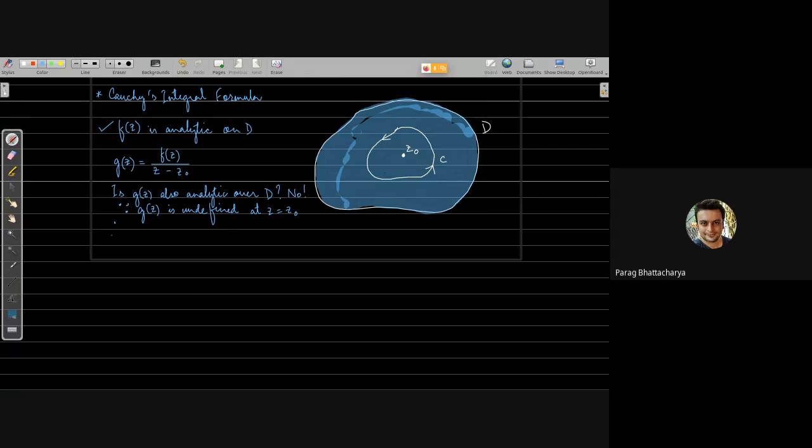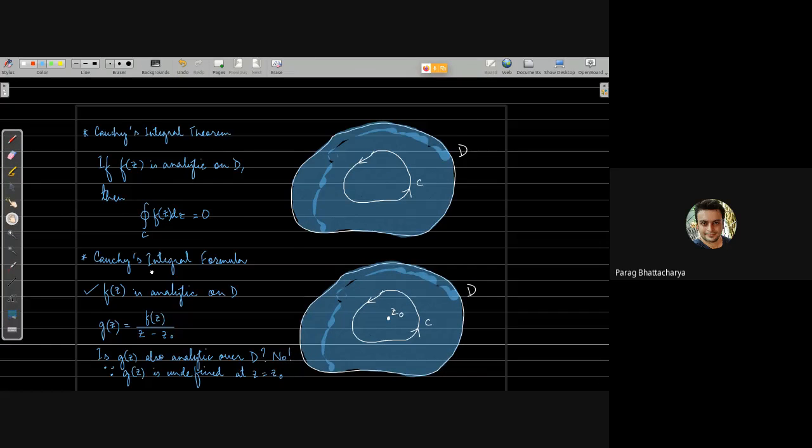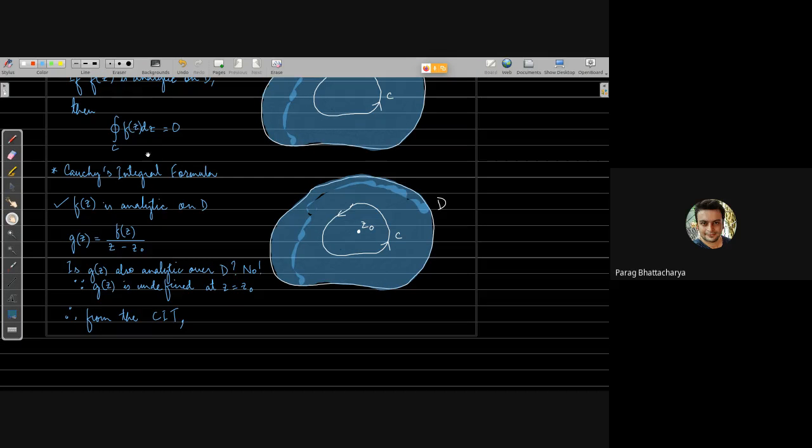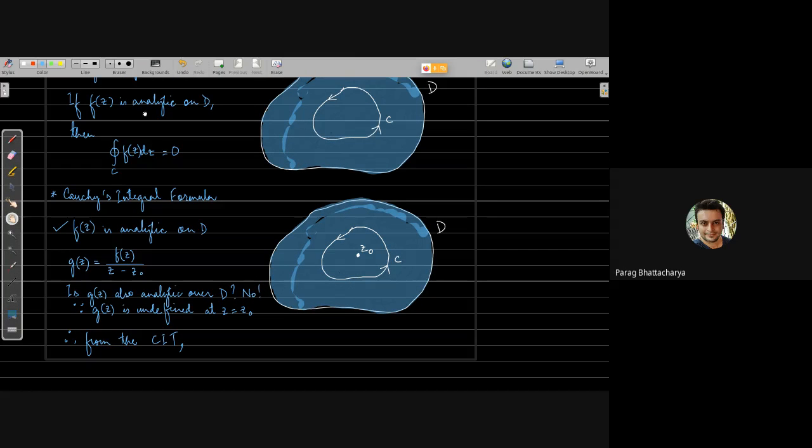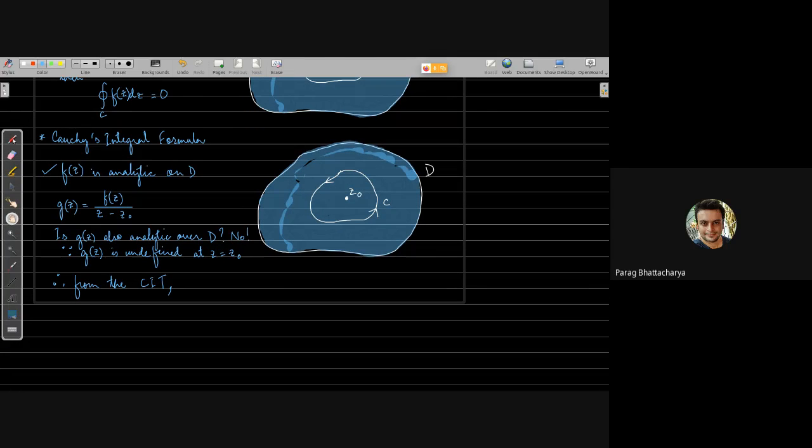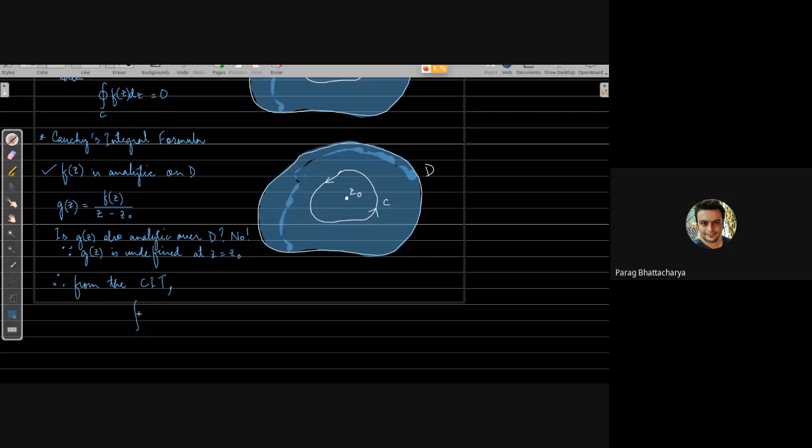Therefore, Cauchy's integral theorem is not valid here, because it says that only if the function is analytic will the closed loop integral be zero. So the closed loop integral of g of z dz will definitely not be zero.